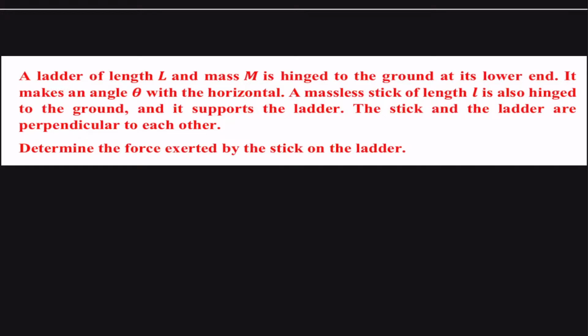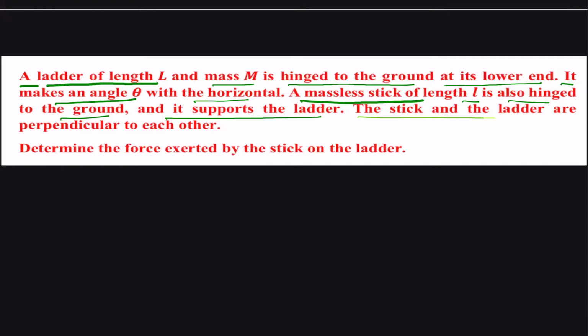So we are given a ladder of length L and mass m hinged to the ground at its lower end. It makes an angle theta with the horizontal. A massless stick of length L is also hinged to the ground and it supports the ladder. The stick and the ladder are perpendicular to each other. Determine the force exerted by the stick on the ladder.